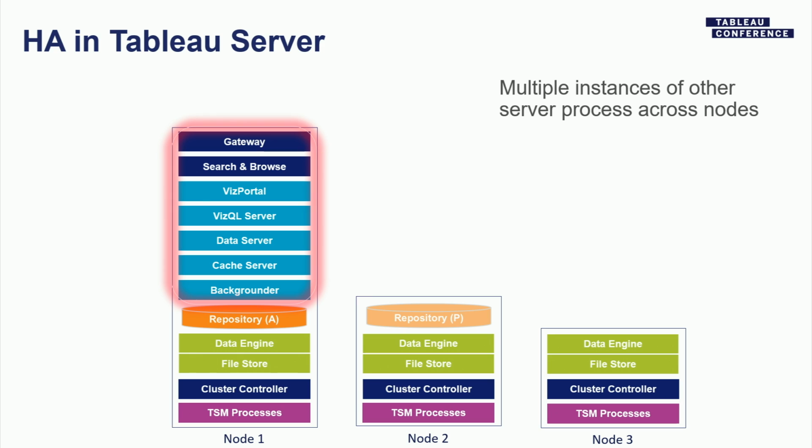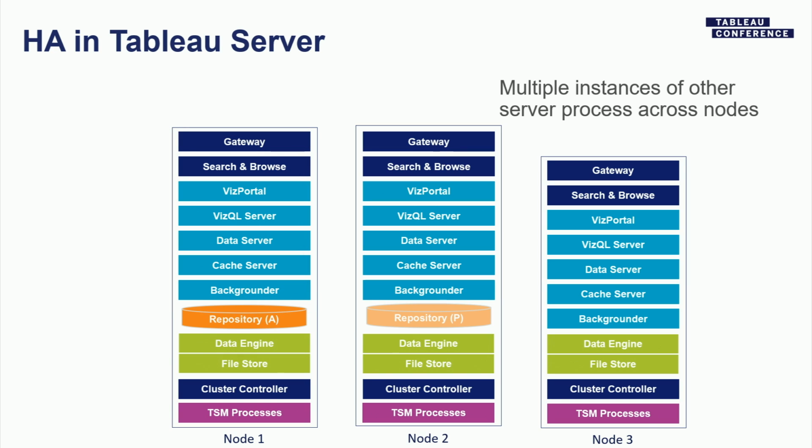These other processes, some of them still have some state, but a lot of that state can be rebuilt. And so we consider them somewhat stateless processes. And for those, it's really straightforward to set up high availability. It's really just, again, eliminating those single points of failure and duplicating those processes across all the nodes.